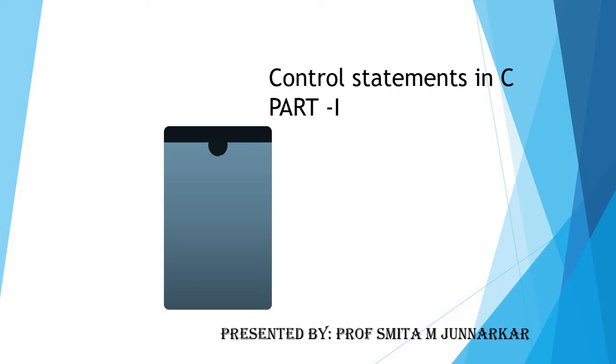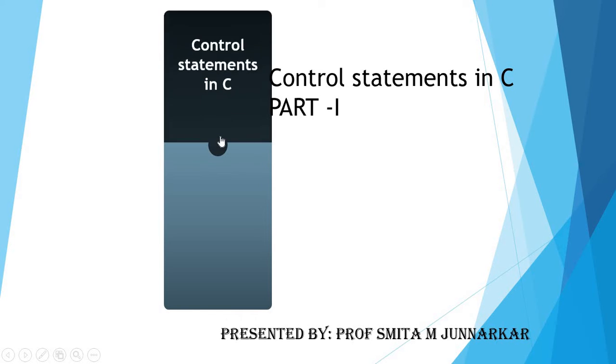Because when we are looking at control structures, there is the sequential control structure, the decision control structure, and many things within that also. So one by one we are going to see each and every control statement.